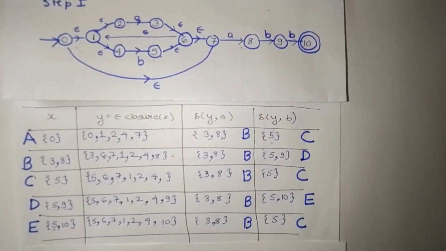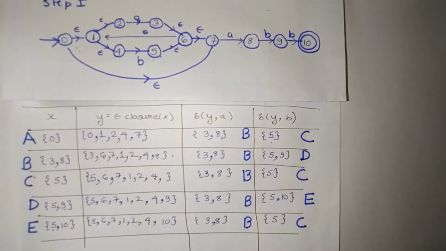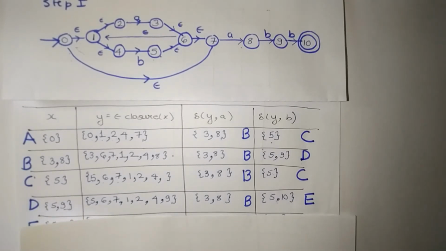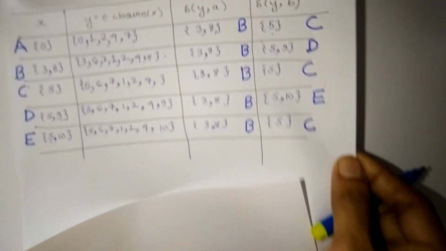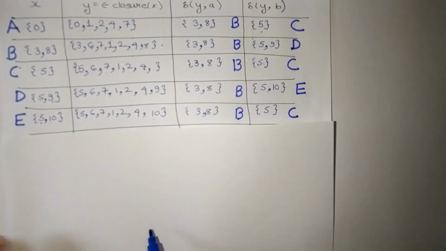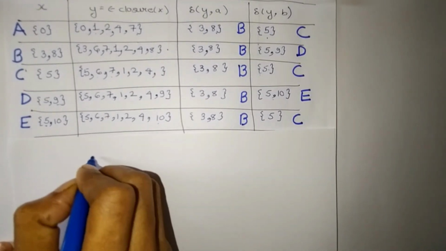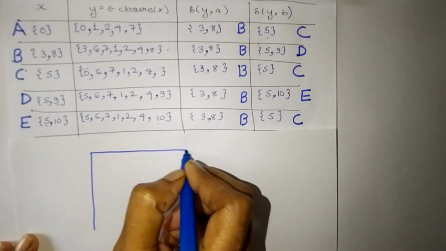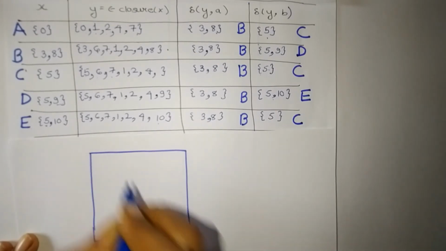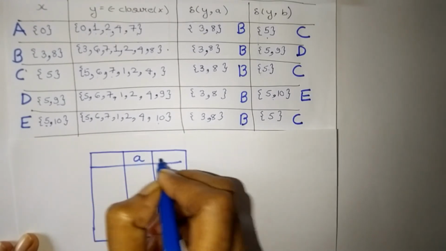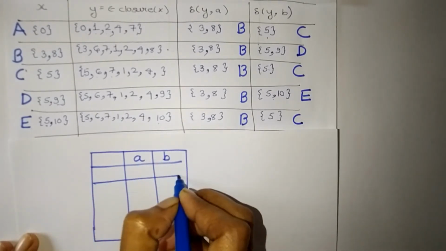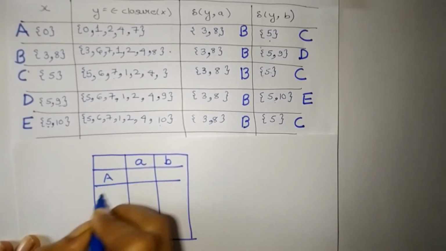After renaming, you can draw the transition table again, as we already drew in the case of finite automata. It is a transition on A and B. How many states do we have?